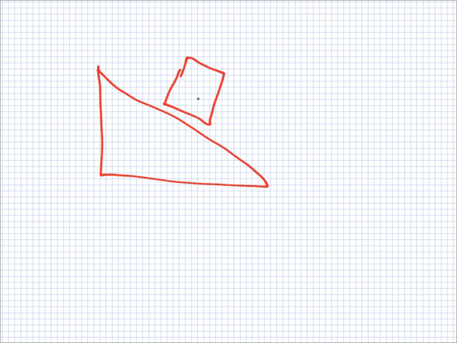Right, so a block M2 slides down the wedge M1 at a constant speed of 2. So it's going this way at 2. And the wedge is moving away at a speed of 3.